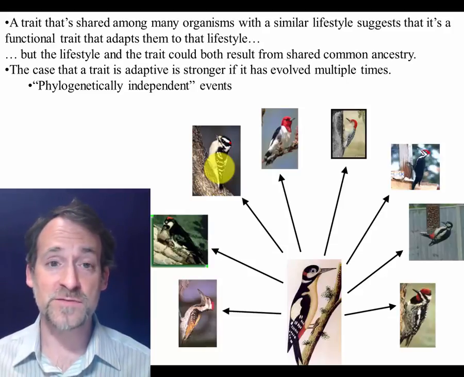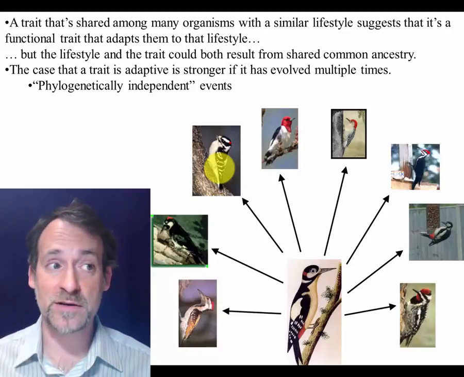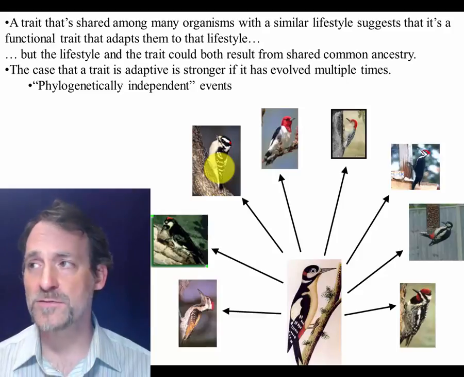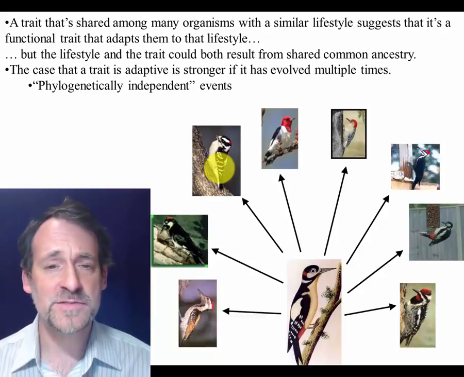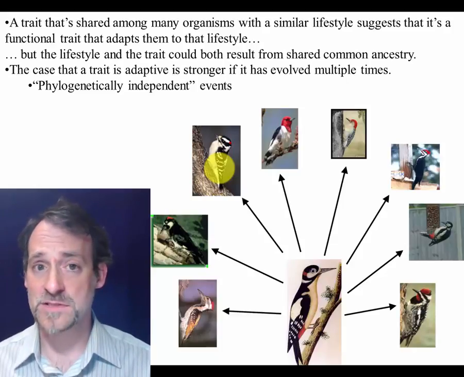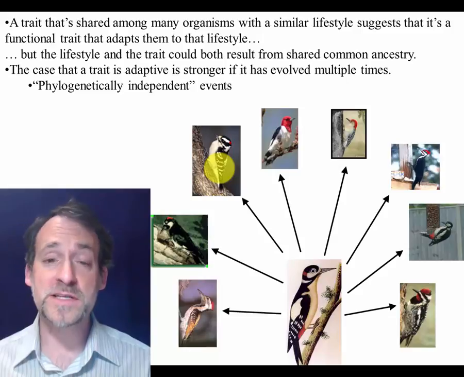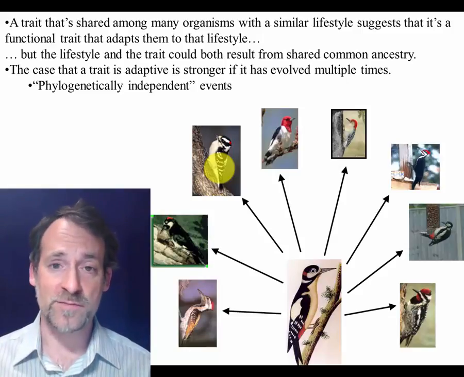Where something has evolved just once, and it happens to be found in all woodpeckers, maybe that's just happened to be that way. If something has evolved twice and it's associated with the same lifestyle, well, it could be a coincidence. But if something has evolved many times in conjunction with the same lifestyle, then it probably is a functional trait, an adaptation to that way of making a living.